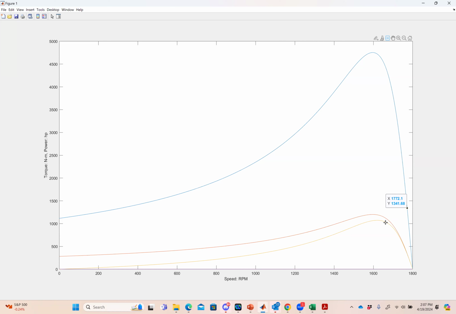So let's look at the yellow curve, the mechanical power. How many horsepower did I say this machine was? 500. So let's go to about 1773.